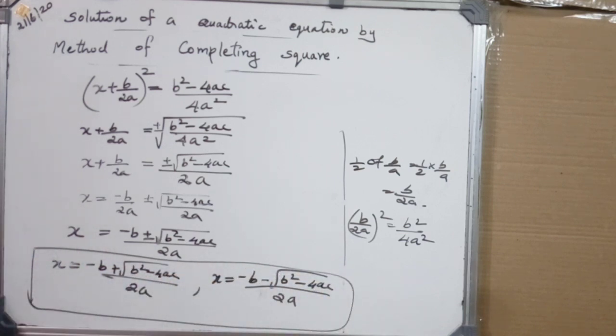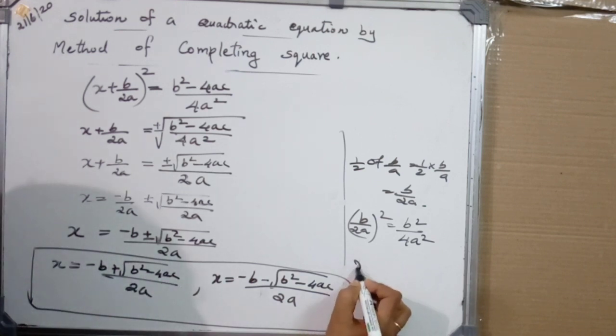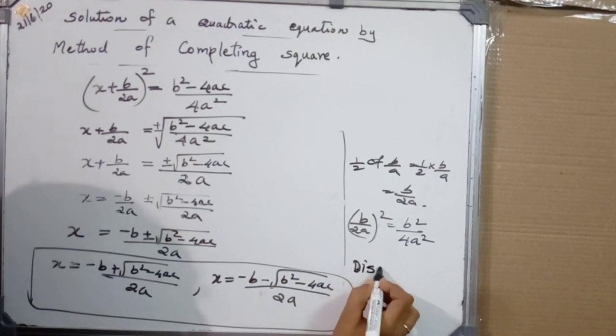This formula can be used to solve any quadratic equation; you can just apply the formula. And b square minus 4ac is known as the discriminant of the quadratic equation.